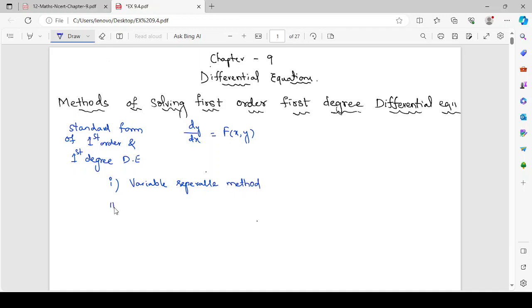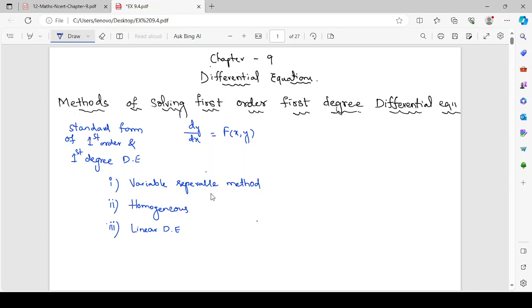There are many methods also, but in the CBSE syllabus, there are only 3 methods that we are going to discuss: the variable separable method, the homogeneous method, and the linear differential equation. In this particular video, let me go with Exercise 9.4, the variable separable method.